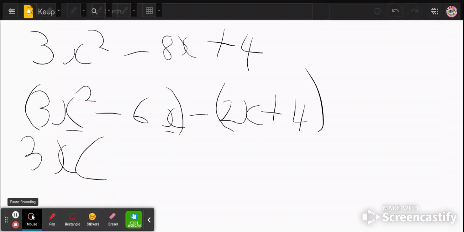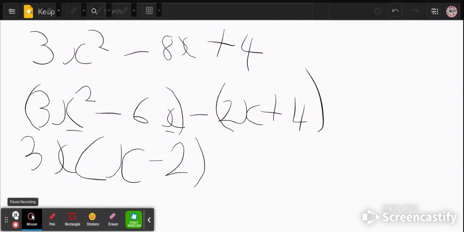So 3x into 3x squared will just leave us with x. 3x into negative 6x will leave us with minus 2, right? Because 3 into 6 goes 2 times and the x will cancel x. And also, we need to see what's common to the other bracket, negative 2x plus 4, right?